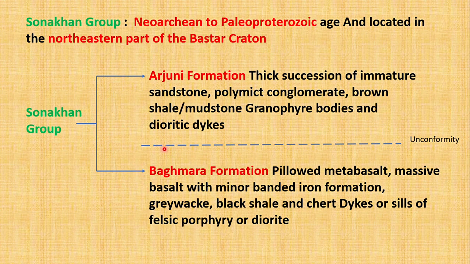There is also an unconformity between the Baghmara and Arjuni formations. Remember the location, northeastern part of the Bastar Craton, and the geological age, Neo-Archean to Paleoproterozoic. Baghmara is the lower formation, and then Arjuni formation. Lithology and other things are not important.